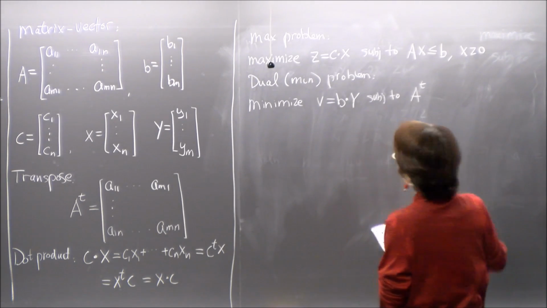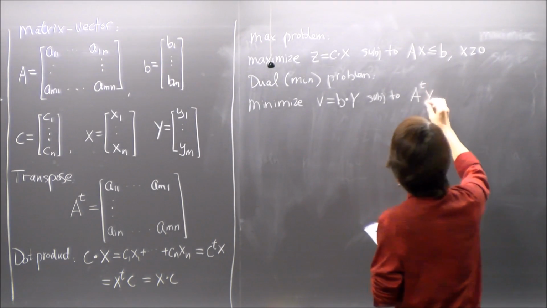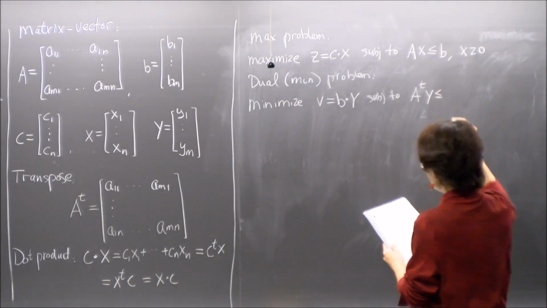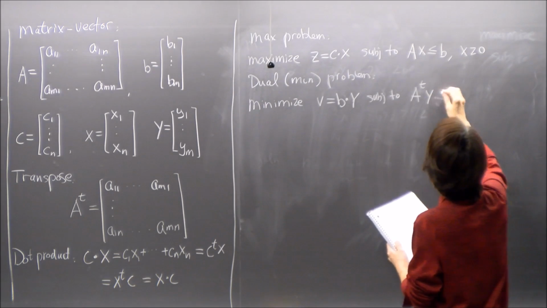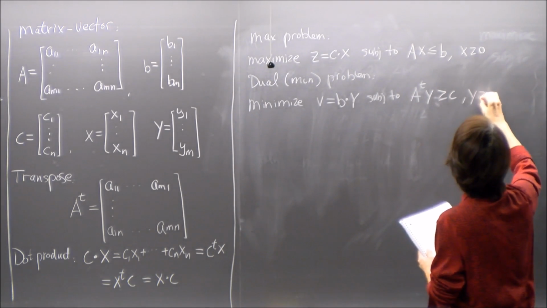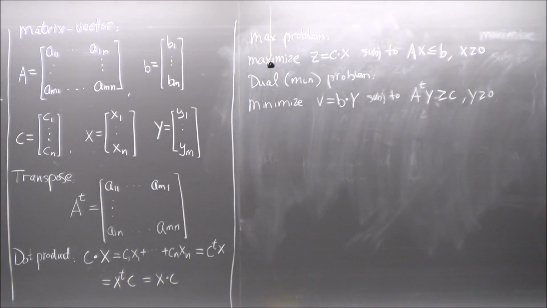So it's A transpose multiplied by the vector Y. Then I get a column vector of length n. And that shall be, the opposite sign, bigger than C. And Y is non-negative.